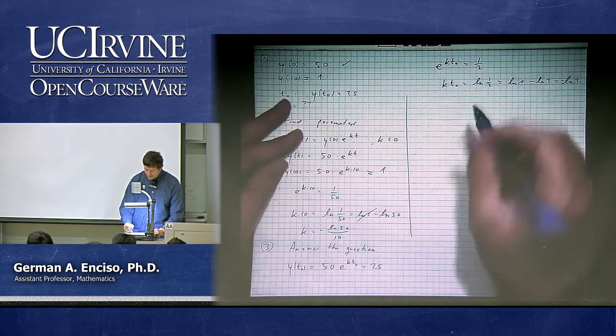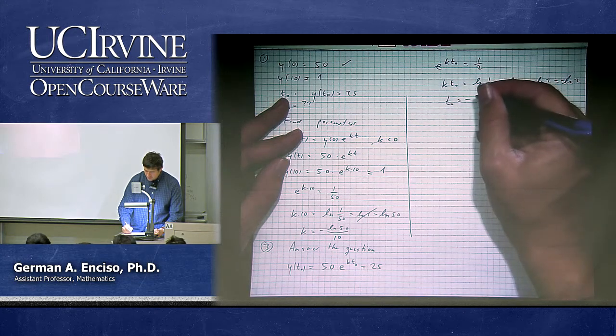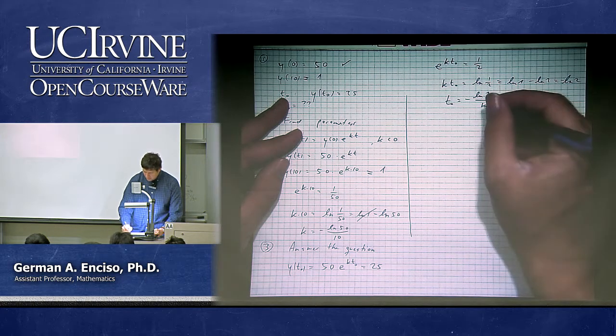Okay, now t0 is equal to minus log of 2 divided by k.